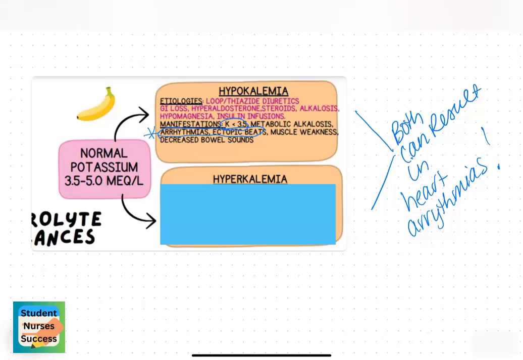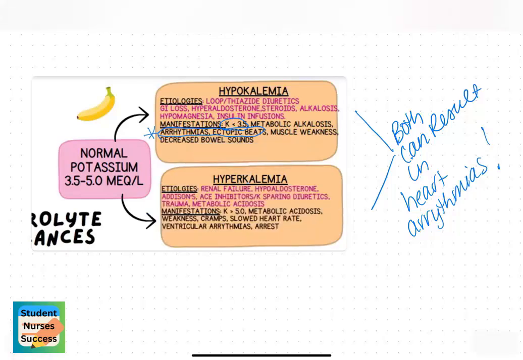Let's talk about hyperkalemia. The biggest cause of hyperkalemia includes renal failure. Other causes include hypoaldosteronism, Addison's disease, which lowers aldosterone levels, ACE inhibitors or potassium sparing diuretics, trauma, and metabolic acidosis.